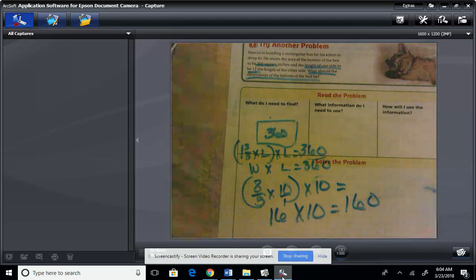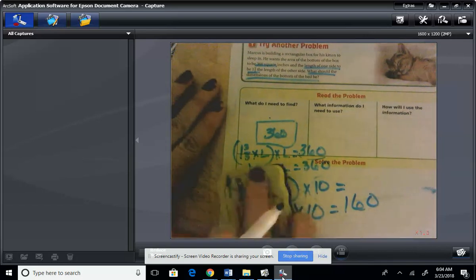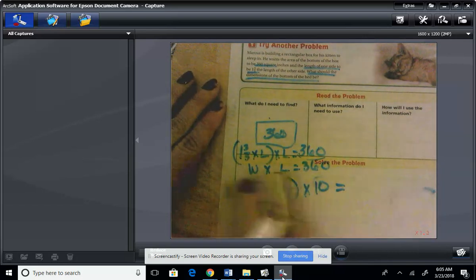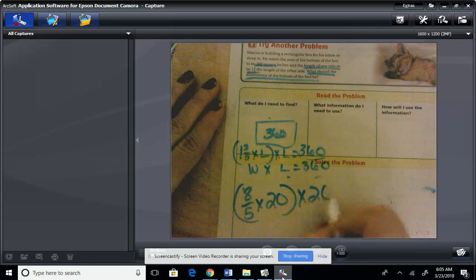So what do I want to try next? Now, I'm kind of far off, so I'm going to double this, and I'm going to do 20. So 8/5 times 20 times 20 equals, let's try it, and I get 160 over 5.